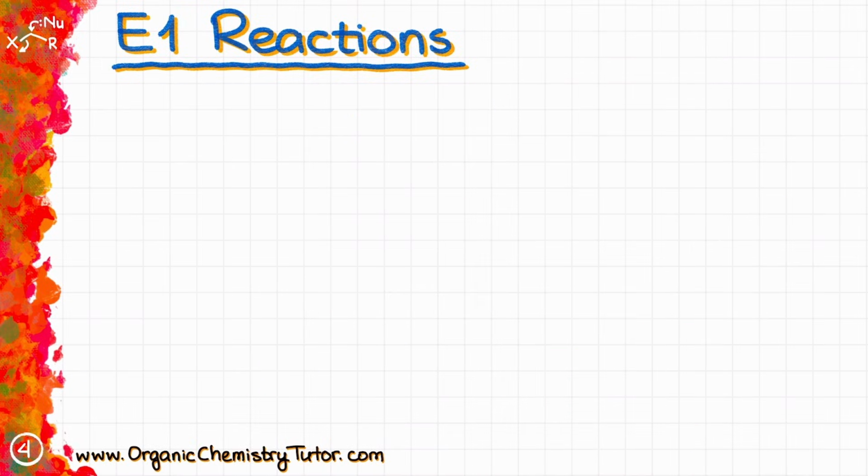Next, I want to briefly talk about the E1 reactions. The E1 reactions, those are unimolecular elimination reactions, and they are extremely similar to the SN1 reactions in many cases because, first of all, from the kinetic perspective, the rate of our reaction, just like in the case of the SN1 reaction, is going to only depend on the concentration of our alkyl halide or our substrate in general.